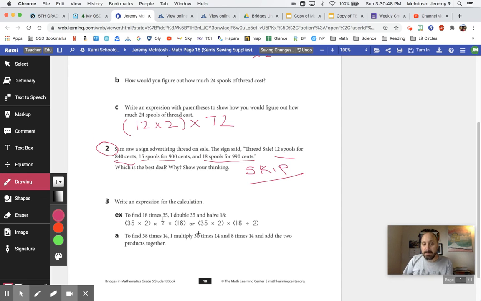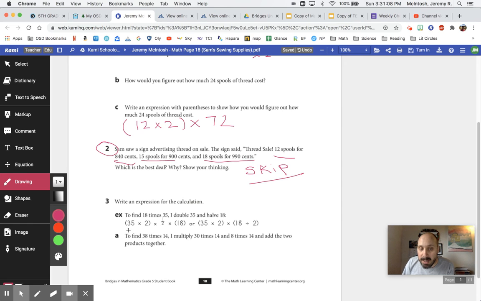And then number 3, write an expression for the calculation. So an example, to find 18 times 35, I double 35, so I doubled this 35, and I have 18. So it becomes 70 times 9. But how would we write that as an expression?